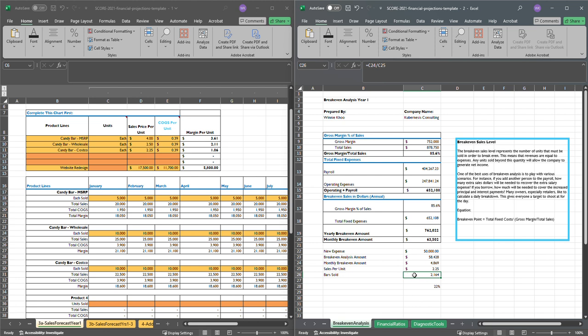We see that in order to afford this new expense, we would have to sell an additional 2,100 bars in order to break even. Given our normal sales volume is about 10,000 bars to Costco, we can run an analysis: 2,100 divided by 10,000 is 22%.